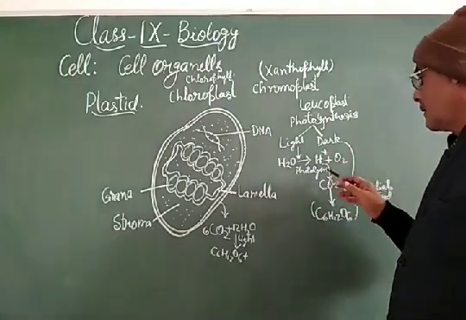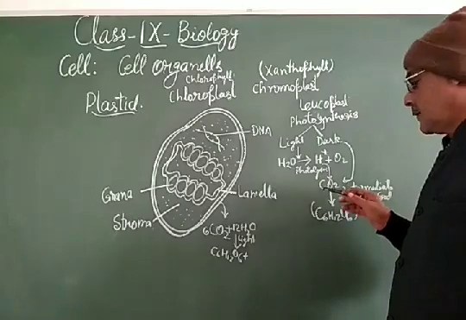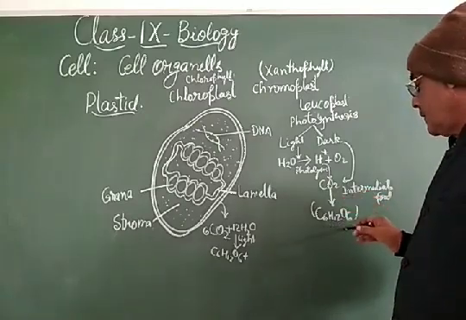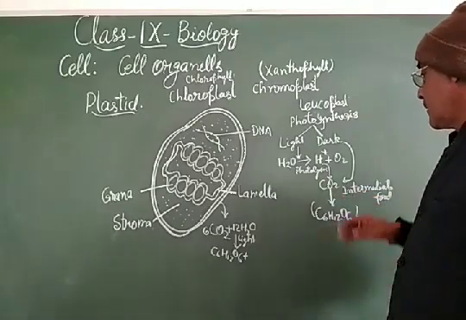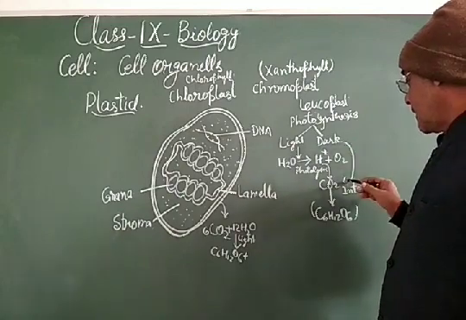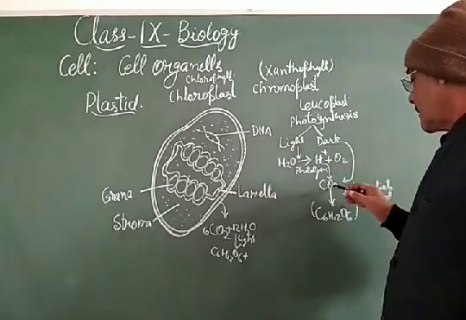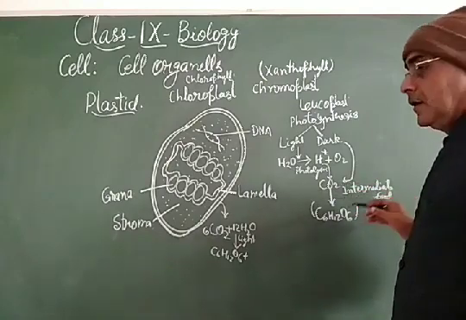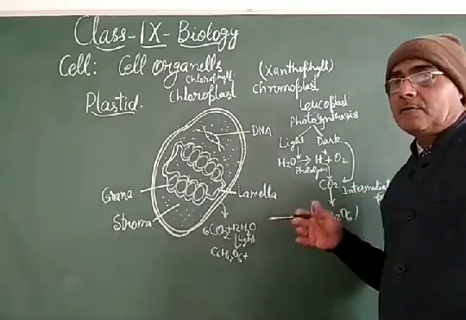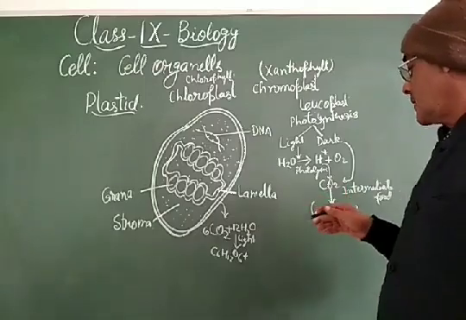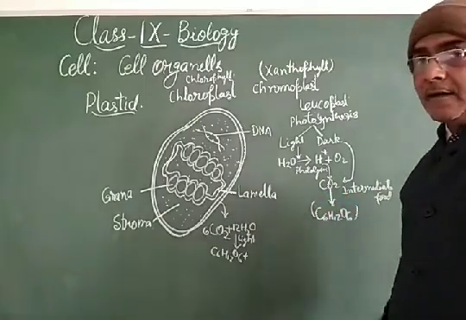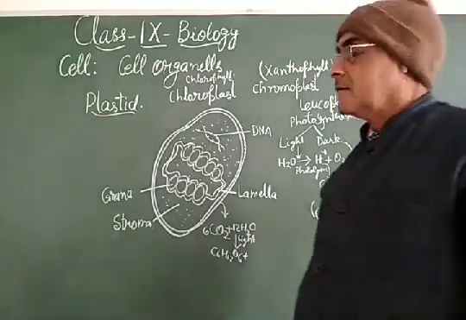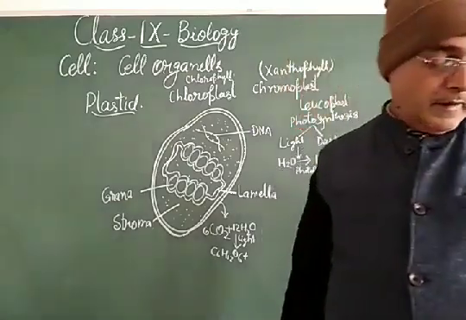This hydrogen ion gets combined with carbon dioxide and the formation of carbohydrate takes place. In the dark reaction, in the night when light is not available, this carbon dioxide will be converted into an intermediate food, and in daytime that intermediate food will be processed into carbohydrate. So my dear students, this is all about the plastid.